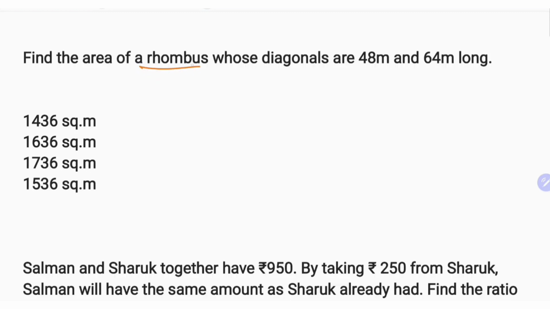Here find the area of the rhombus. We all know the area of the rhombus formula is half of d1 d2, where d1 and d2 mean the diagonals. For understanding purposes, 48 and 64 are both multiples of 4, so the answer must be a multiple of 4. In the options, the last two digits of all the options are multiples of 4.